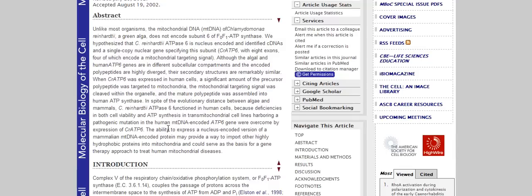So what ends up happening, for people who are interested in this kind of thing, is they end up studying diseases that are trying to solve the same problem. And one of those disease states are called mitochondriopathies.